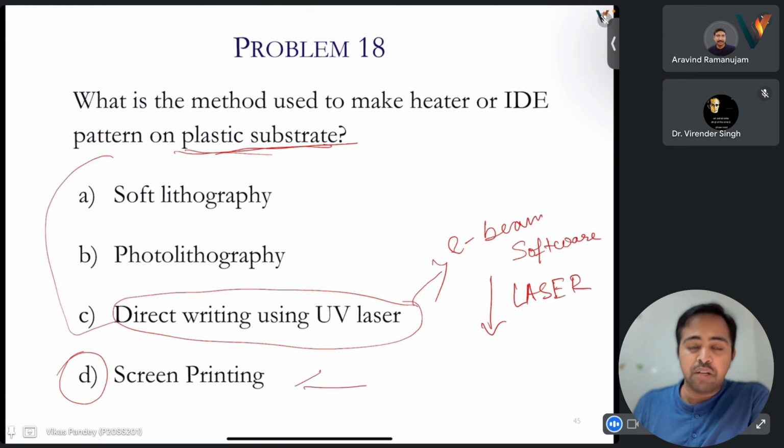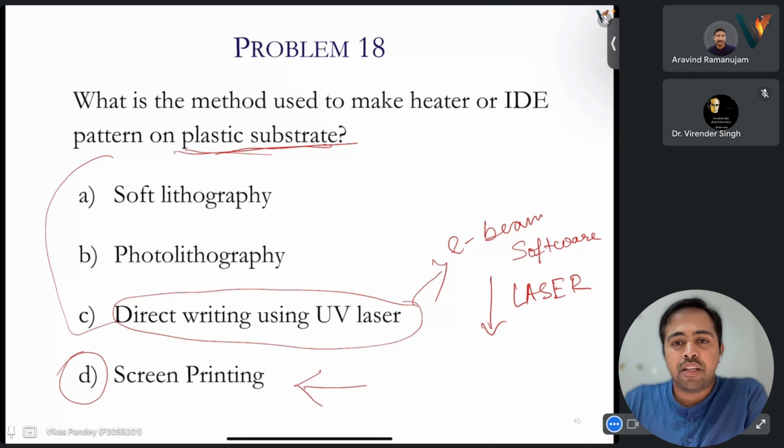So what is the screen printing process? Any idea about this? What is screen printing, if we talk about it in the normal sense, what does it look like?